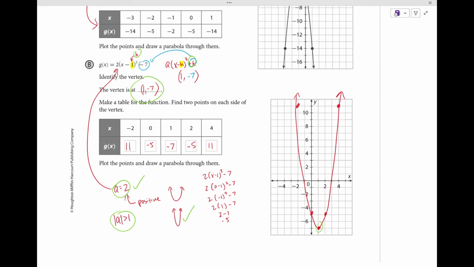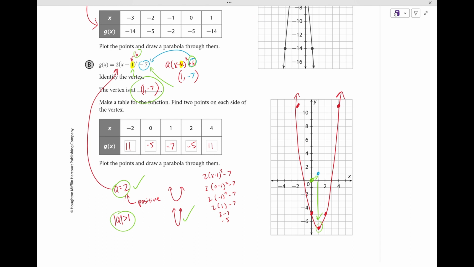That means also the graph is shifted to the right 1. Okay, because x minus 1, just like earlier, that's going to shift it to the right by the h amount. So everything is shifted over by 1 from the parent function. And then our k value is -7, so everything is shifted down 7 as well. So on the parent function, this point (0, 0) goes down there.